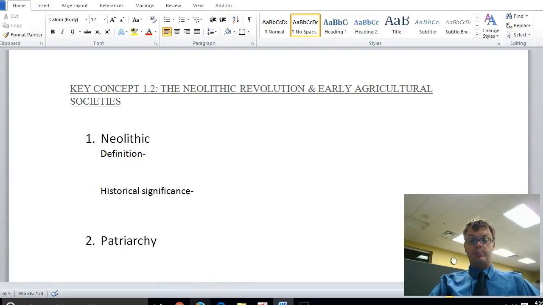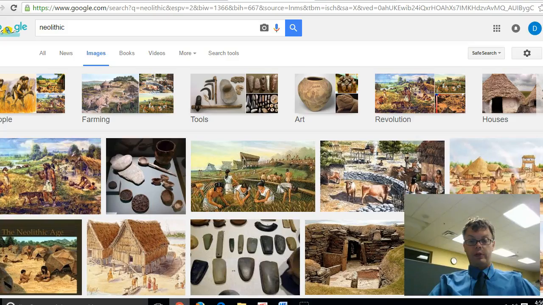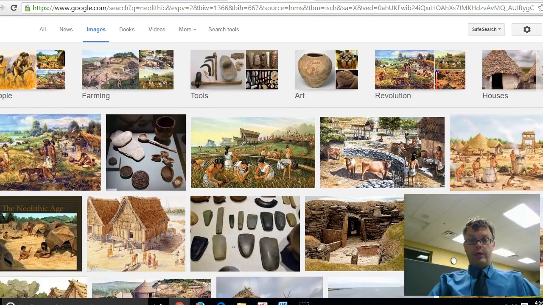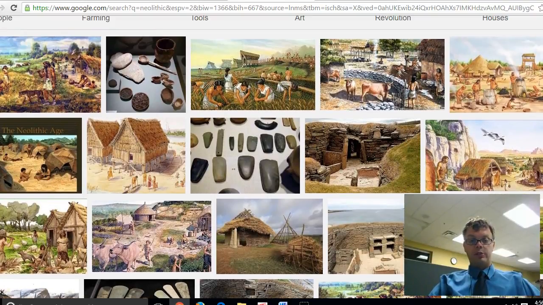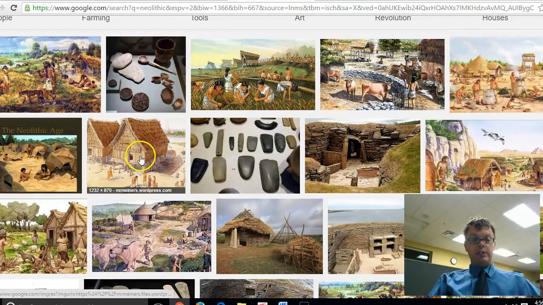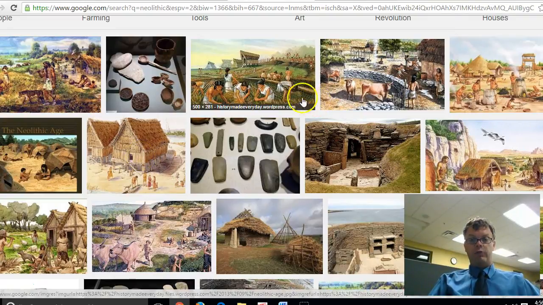So let's start by looking at the word Neolithic. I'm just on Google right now and I put in Neolithic and we see a lot of the pictures that come with the word Neolithic. What I first noticed about all these pictures is that what's really important is this is farming. This is really the first time that farming happens, both with raising crops and also having domesticated animals that are now living next to people.